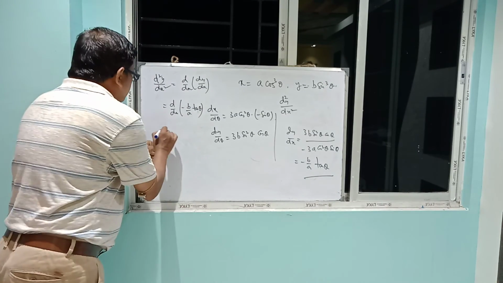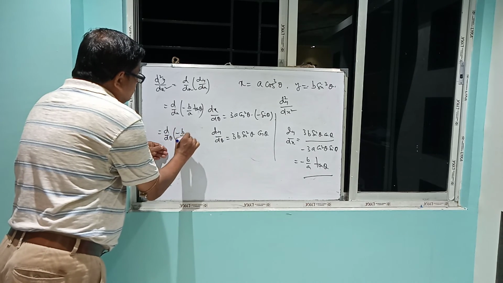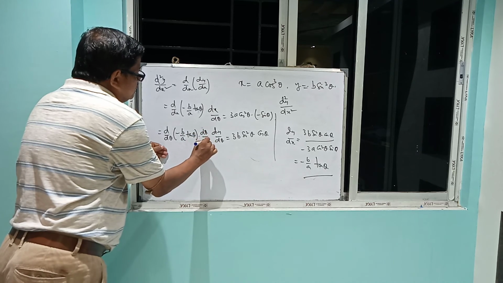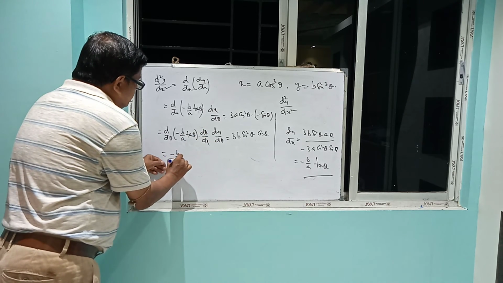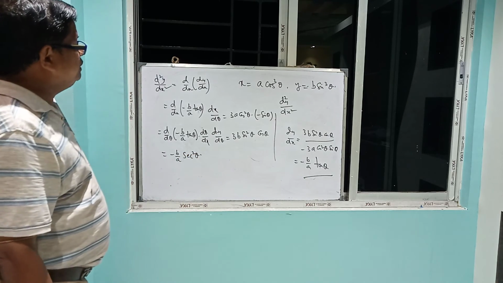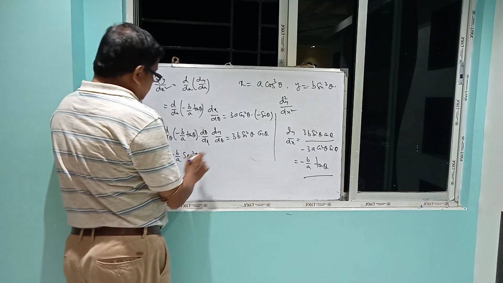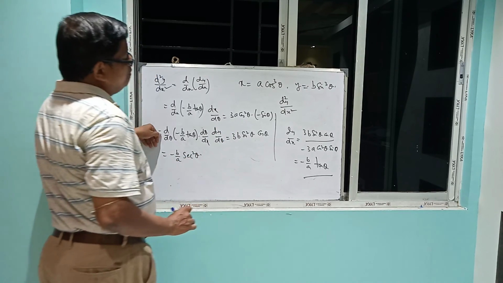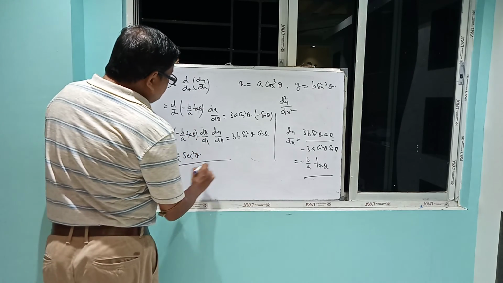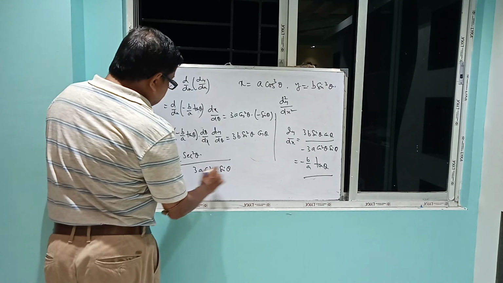So write d/d theta of minus b by a tan theta times d theta/dx. So minus b by a sec square theta, and d theta/dx is 1 by 3a cos square theta sin theta, with a minus sign.